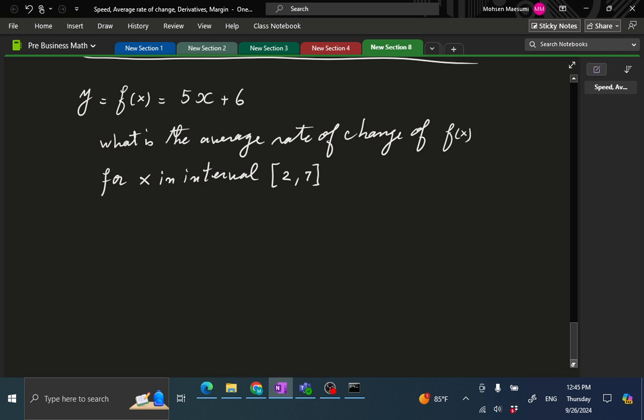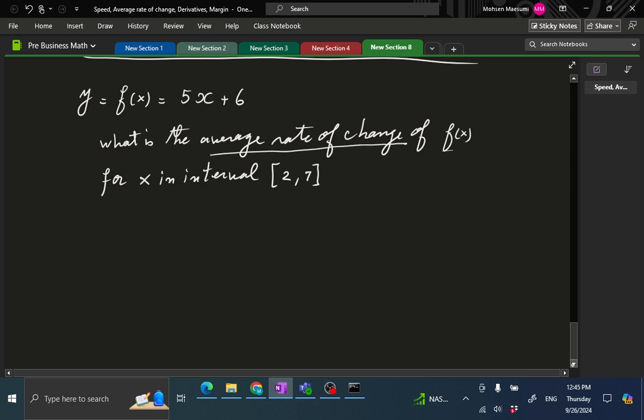Well, let's go ahead and investigate this thing in several different ways. What does this mean? Average rate of change. A function is given to us. Here's our function. And an interval is given. What's the average rate of change? So we said the average rate of change has several notations for it.